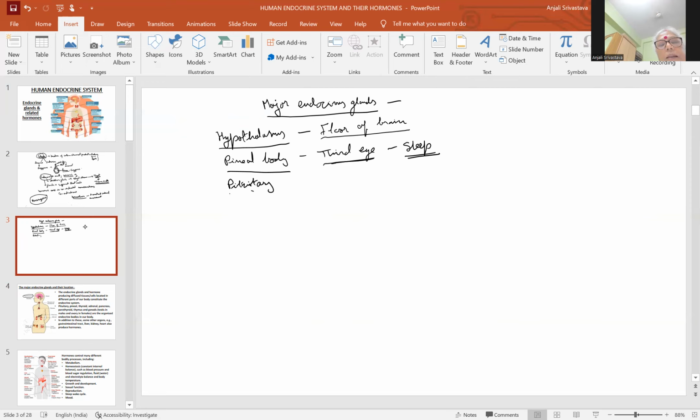We have already seen this pituitary gland. It is situated very closely related to the brain hypothalamic region.